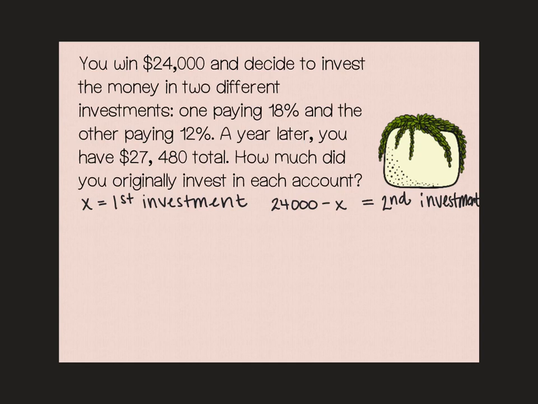Then I'm going to write an equation that would represent the interest I make off of each investment. Remember, interest equals principal times rate times time. For this first one, I'm going to call this first investment interest.